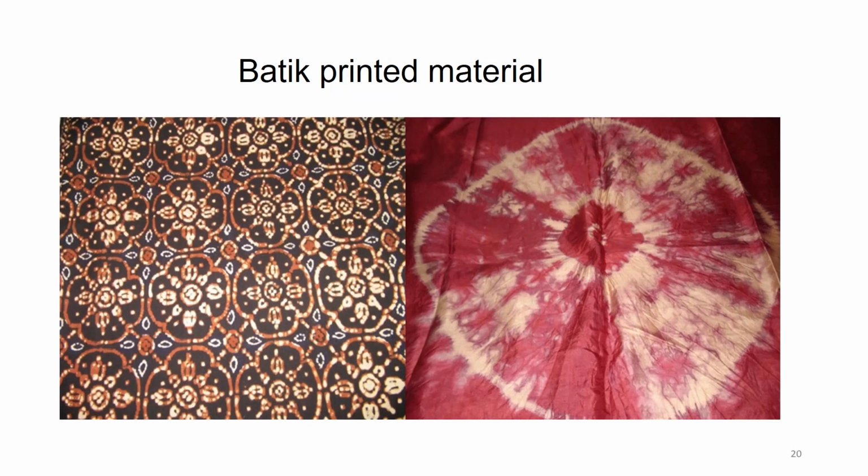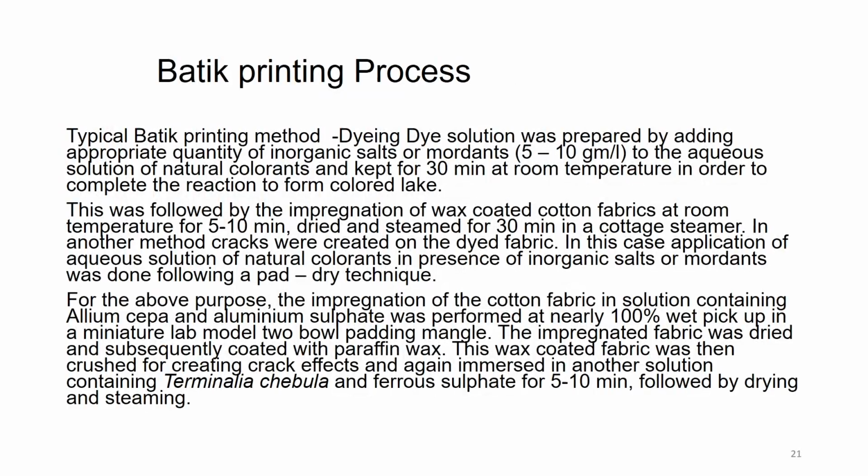Here a part is dyed, a part is printed, and overall it gives a printed look appearance. So, that is the uniqueness. It shows minor cracks; if you see, the designs are not complete, they show cracks in between.